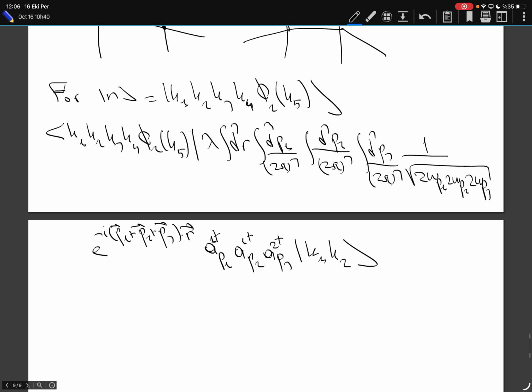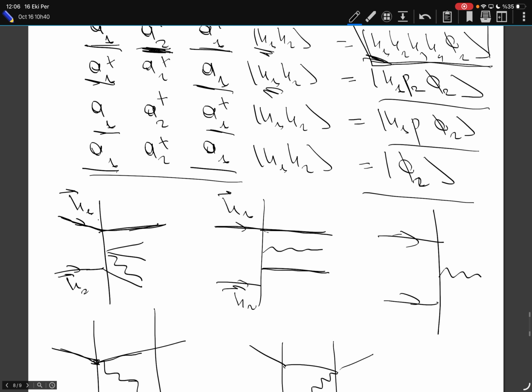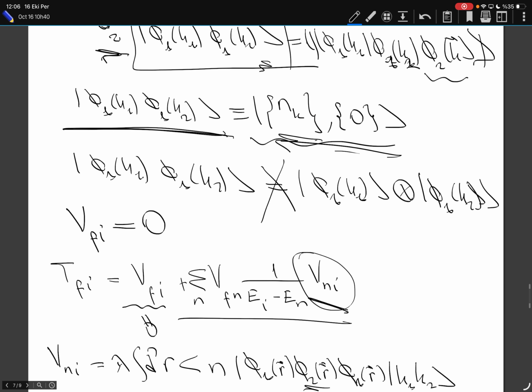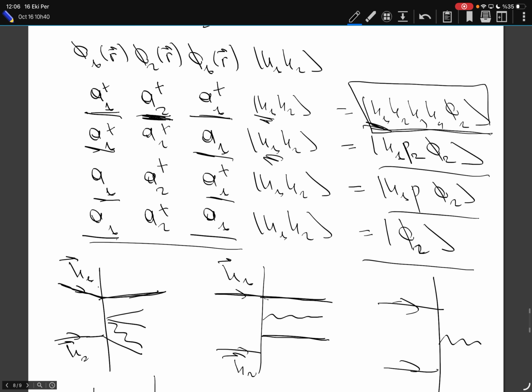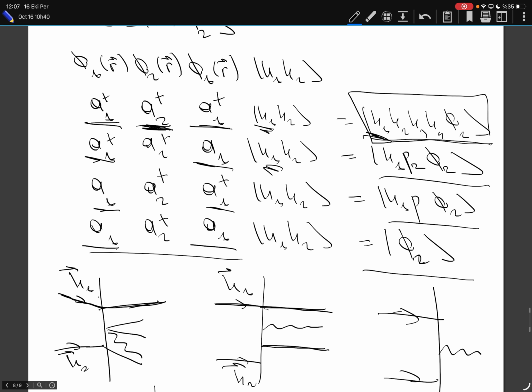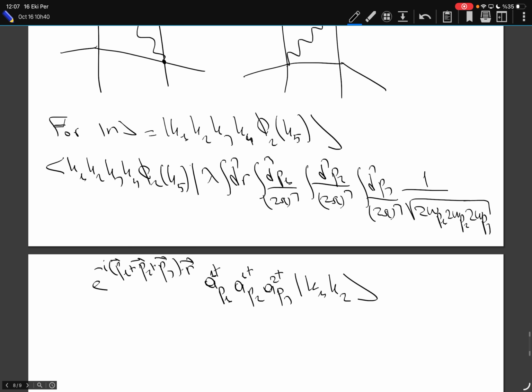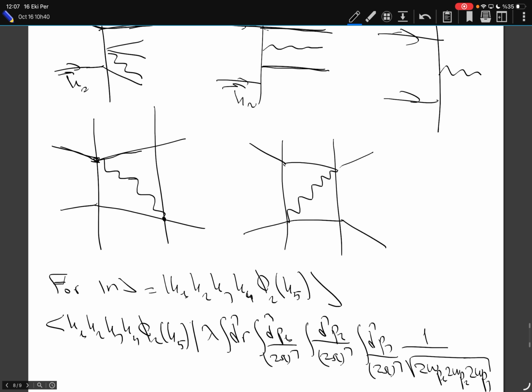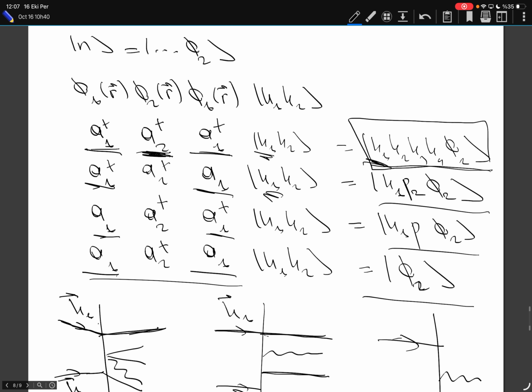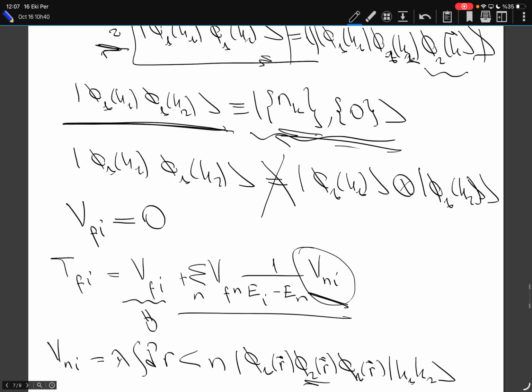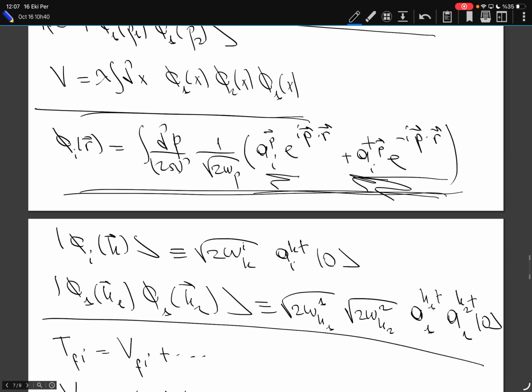P1 and P2 are variables in this integral, but in the upper case we take them as operators. So in these examples we say A1 or A2, but they act on momentum, so the A1 operator should also carry a label for momentum. That's why I wrote it. I'm being a bit lazy here. These operators A1, A2 all carry momenta.